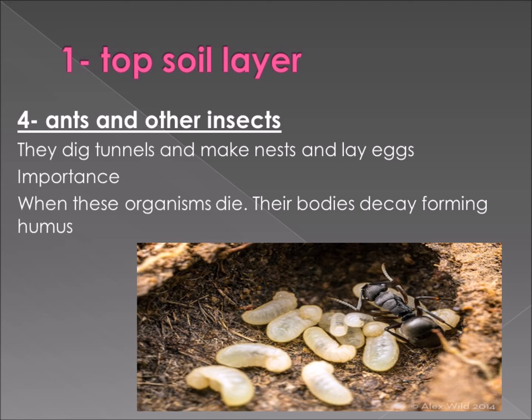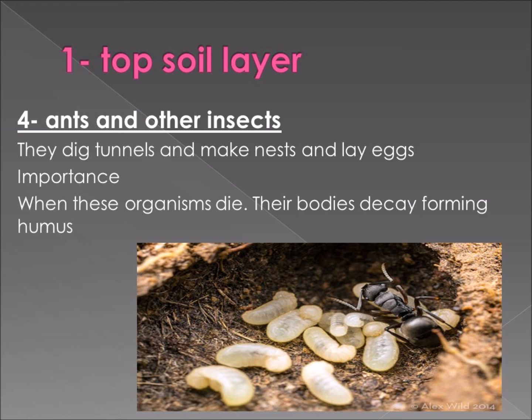Imagine with me, these eggs produce other ants or other insects, and these insects die. What is the importance of the ants and other insects? After their death, the bodies decay, forming also humus.